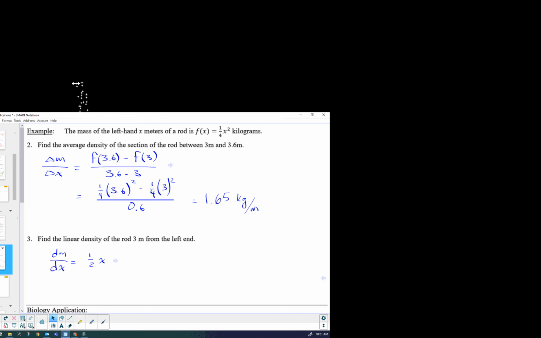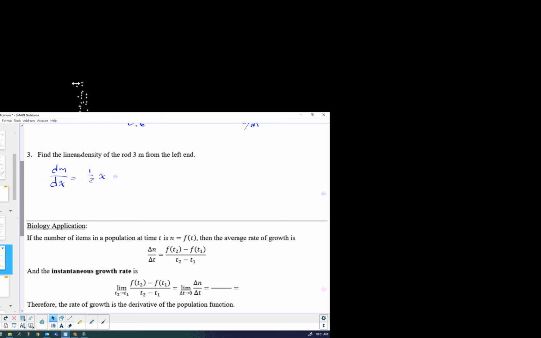Bring the 2 down, which turns into a half. Subtract 1, and then we'll just plug in the x value of 3, which is saying 3 meters from the left end, at that infinitely thin sliver, the mass per length at that point is 1.5 kilograms per meter.